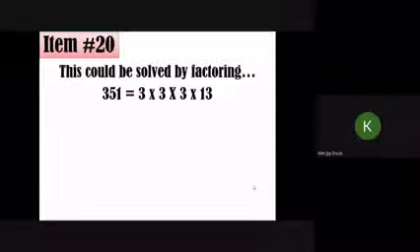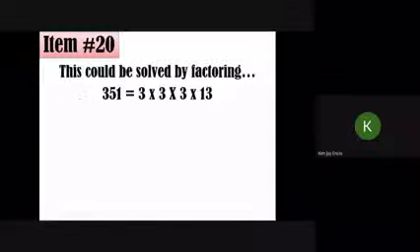You could actually make good use of your divisibility rules. Because you know that, for example, if you add the digits, 3 plus 5 plus 1 is 9. 9 is divisible by 3 or 9, no? So you are sure that this is divisible by 9 and 3 for sure, and so on.